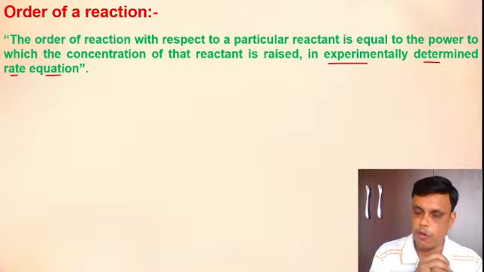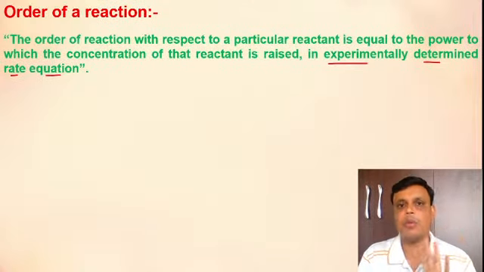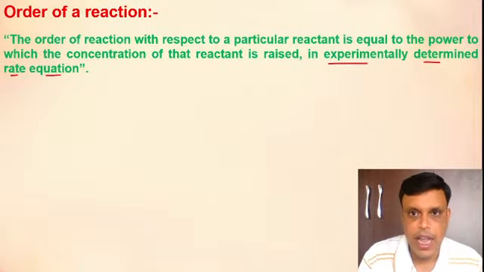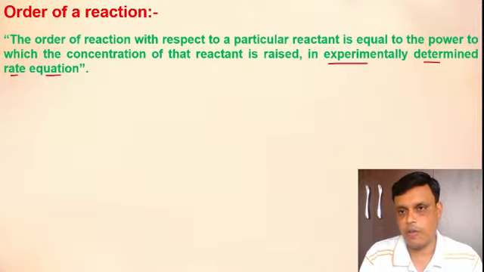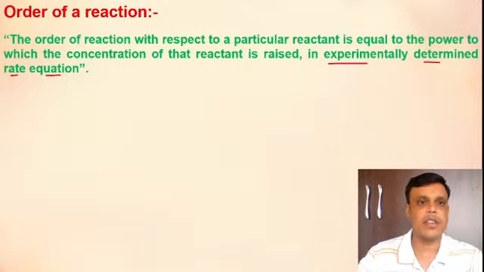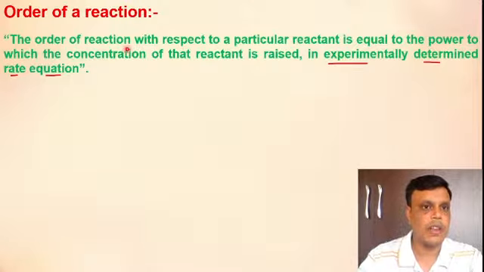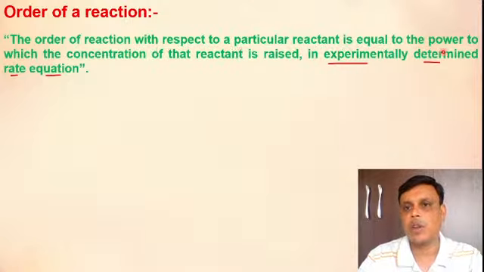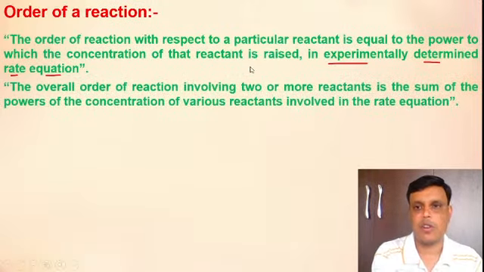That means you have to perform an experiment, and after the experiment you have to write down the rate of reaction, and after writing down the rate equation you can find out the order of reaction. So this is the definition of order of reaction. Write down this definition. The order of reaction with respect to a particular reactant is equal to the power to which the concentration of that reactant is raised in the experimentally determined rate equation.